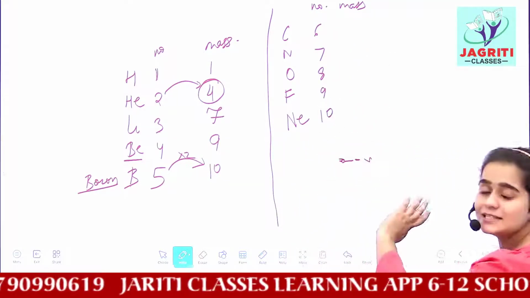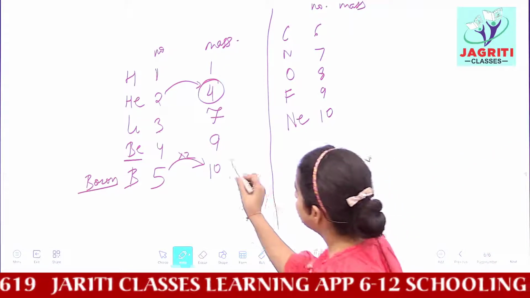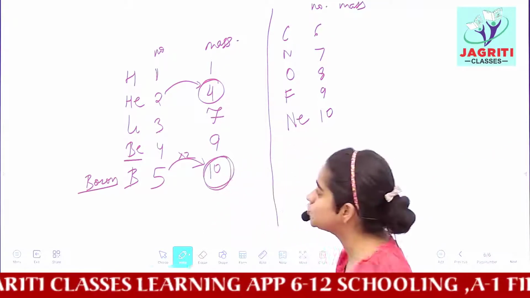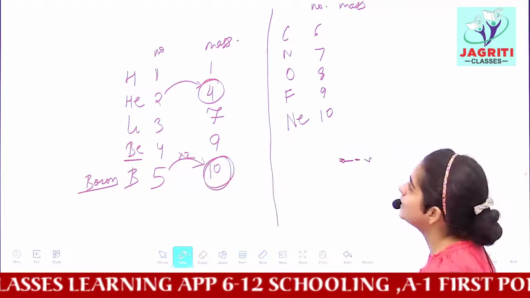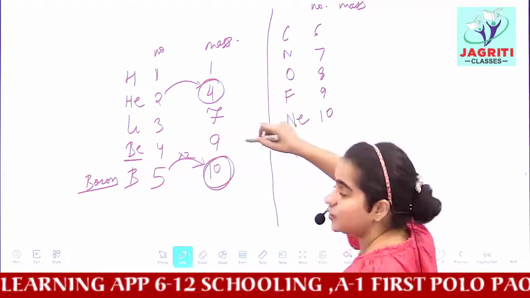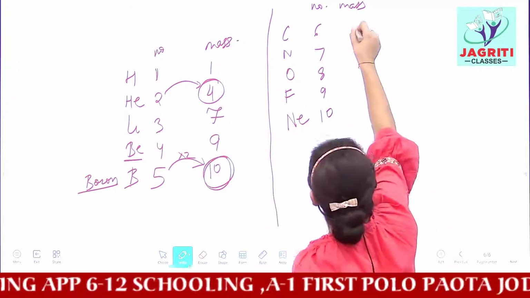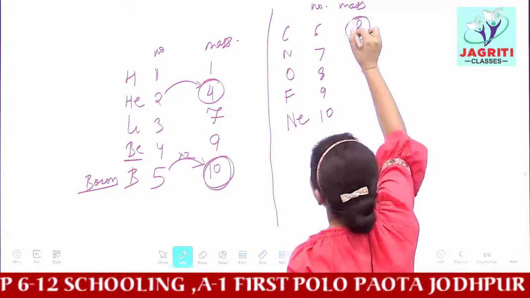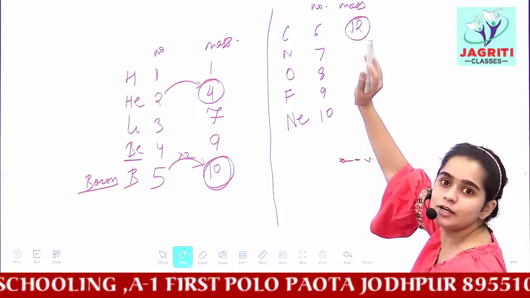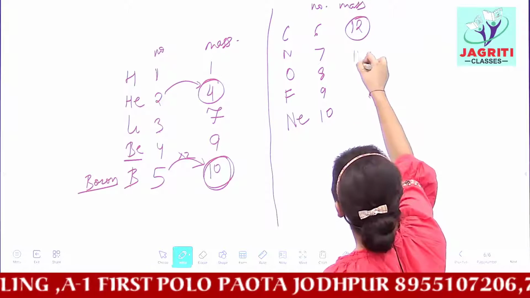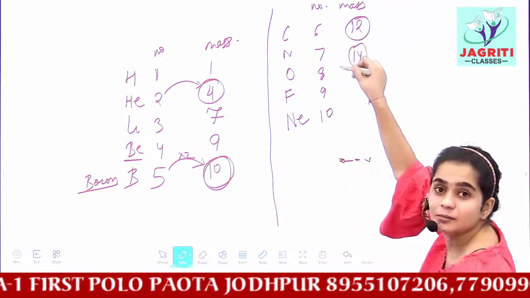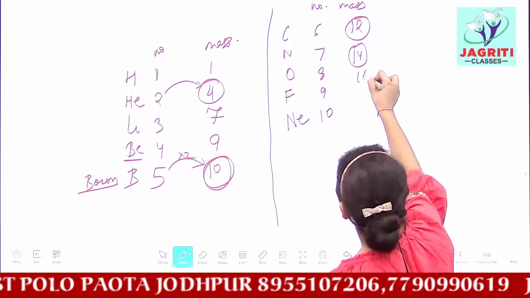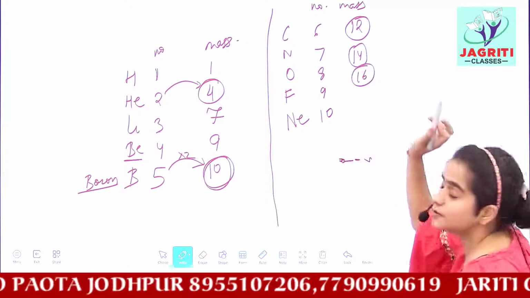But their masses you have to learn. I am encircling the values which are just double of the number, but the rest you have to keep in mind. For carbon, the mass is double of 6, that is 12. For nitrogen, the general rule is applicable: mass is 14. Then for oxygen you have 8 into 2, which gives 16.